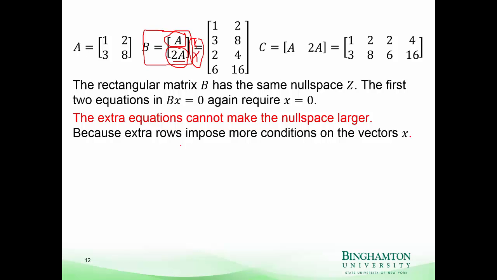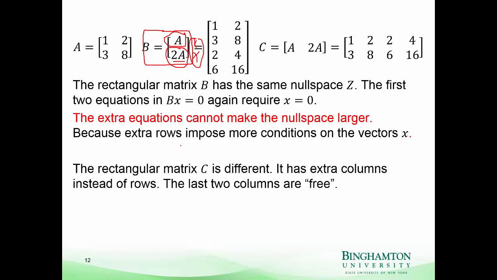So this matrix B also has 0 null space. And if you went through and did elimination on this, you would still find that every column has a pivot, and so therefore we can solve this only for the case of x equal to 0.